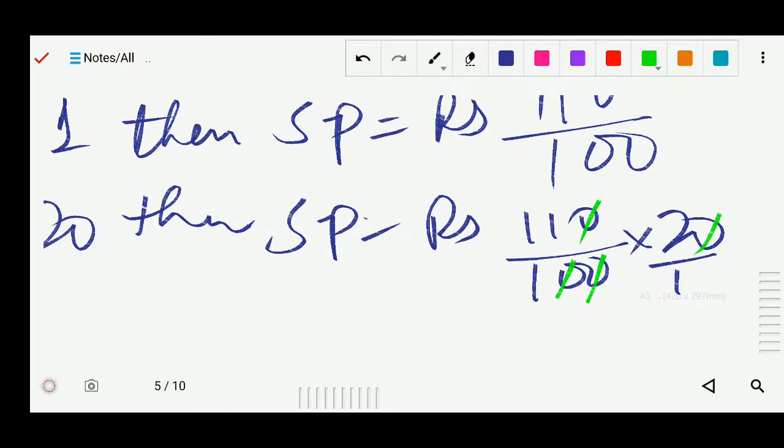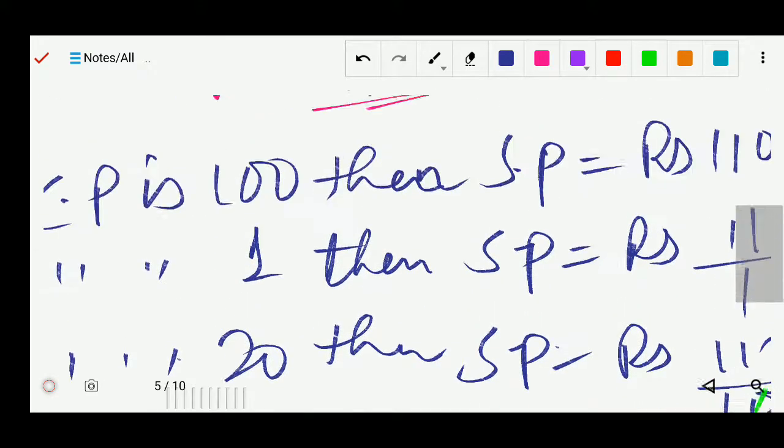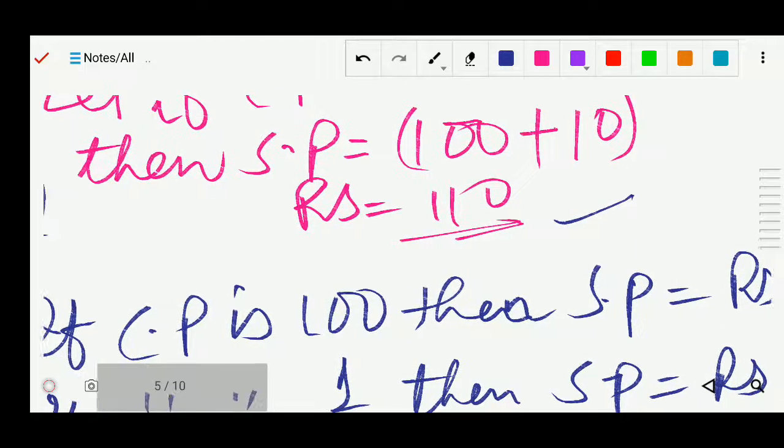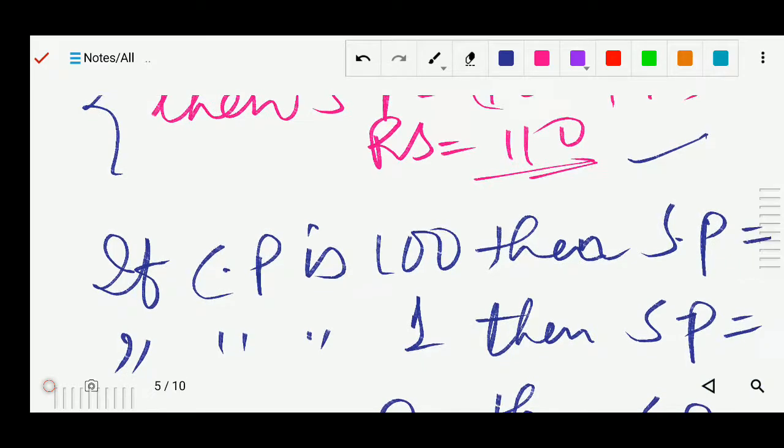Now what is the selling price? Selling price we will get here 11 into 2, 22. So you can see here also the answer is same, 22. What we have done, only we have written it in the form of unitary method: if CP is 100, then SP is 110.